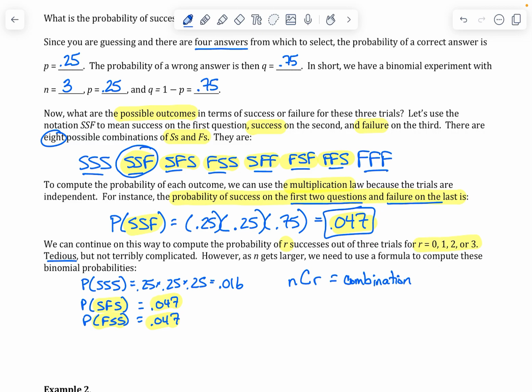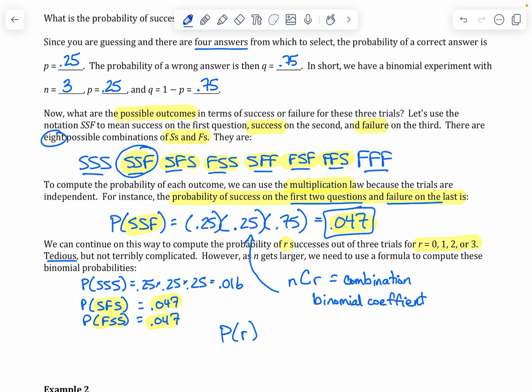We're going to use that as our coefficient. So we call this the binomial coefficient. And this will tell you how many ways you can get a certain outcome. And then you're going to take that coefficient and multiply it by the specific value there. So we could have the probability of our outcomes.